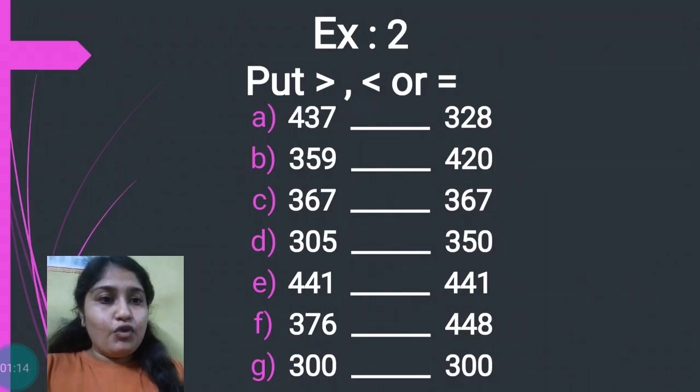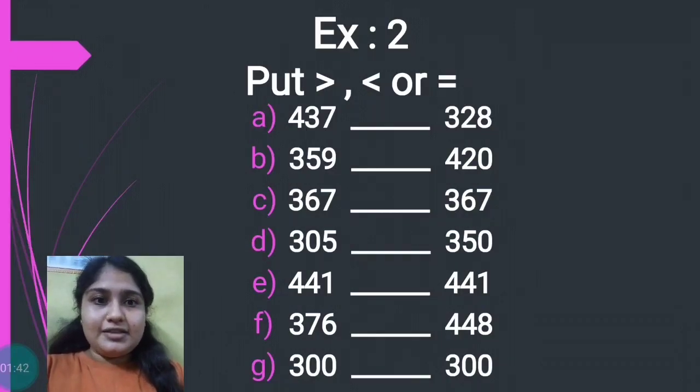E, 441 and 441. Here students, you can see these two numbers are the same. 441 and 441. These both numbers are equal to each other. F, 376 and 448. And the last one is 300 and 300.